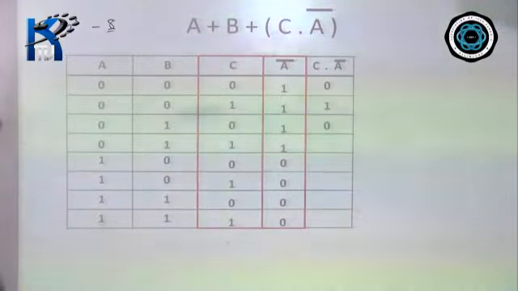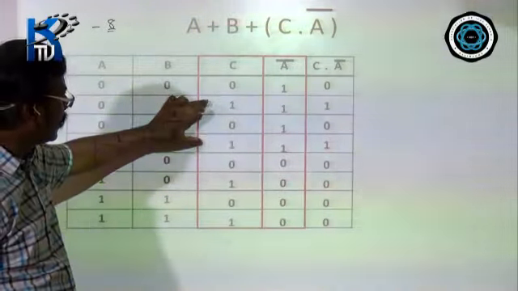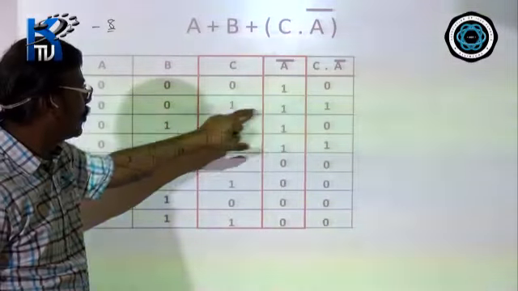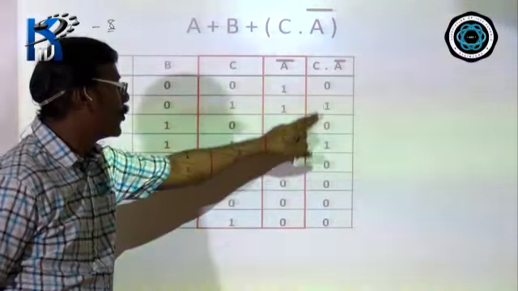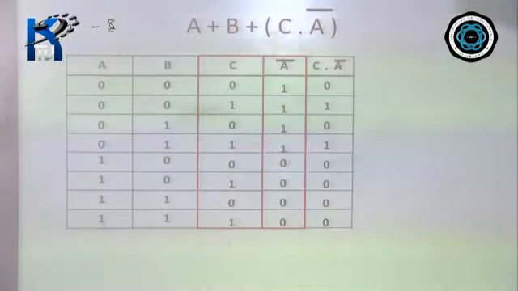So 0. Fourth one is 1, 1. So it is 1. Next one is 0. Next again 0, 0 and 0. So only in this row and this row, these two rows, we have got both 1s. So the output is 1, 1, 1. Rest all are 0. So we have solved C dot A complement.